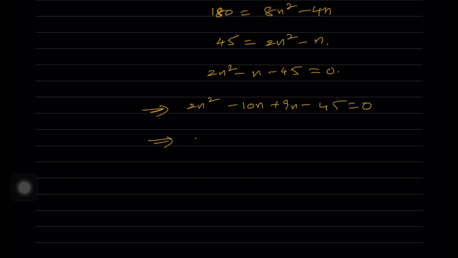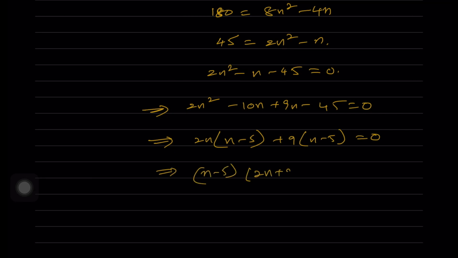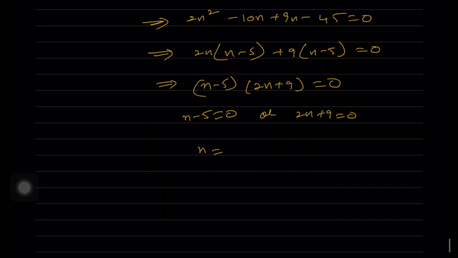So therefore 2n, if you take out common, n minus 5 plus 9 into n minus 5, which is equal to 0. Which implies 2n plus 9 into n minus 5 is equal to 0. n is equal to 5 or n is equal to minus 9 by 2. But number of terms cannot be negative. So therefore we can take n is equal to 5.